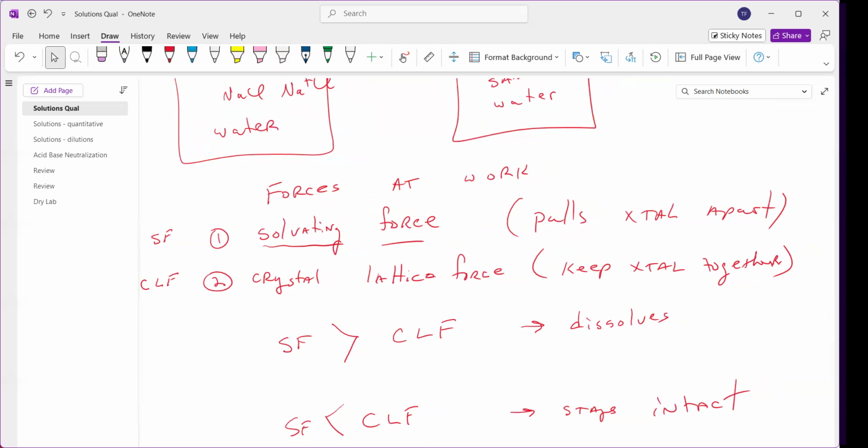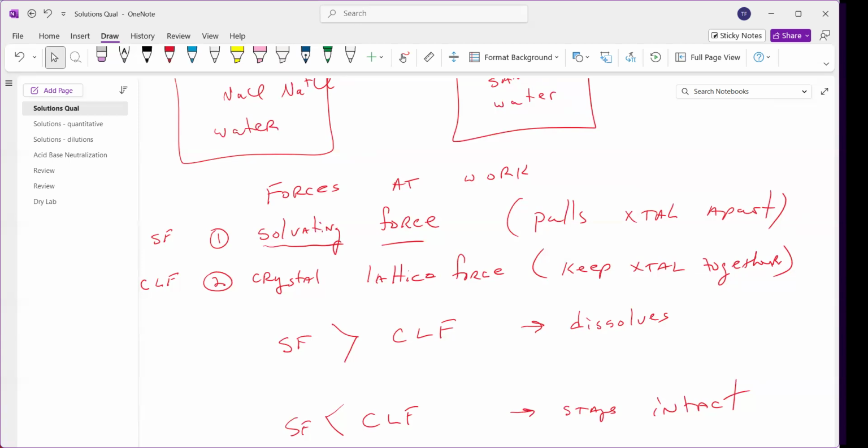So in the case of sand, the crystal lattice force is very strong. It's like the force be with you kind of deal. Solvating force is weaker when sand is in water. It's not strong enough to pull the silicon and oxygen away from the granule.